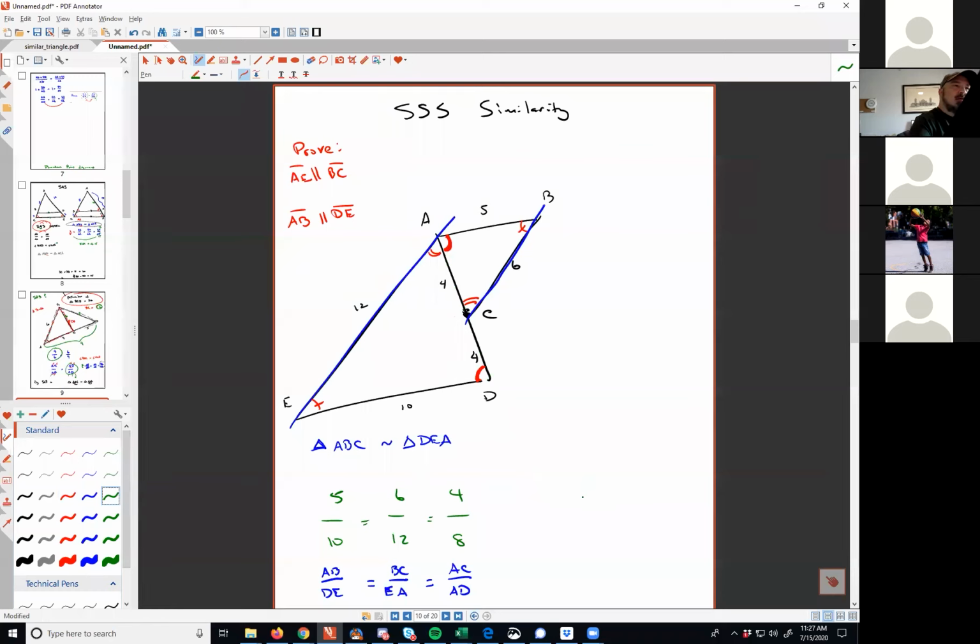And now with the other pair of parallel lines, AB and ED. If you extend line BC to touch line ED, you can tell that angle ABC and angle AED are the same due to alternate interior angles.